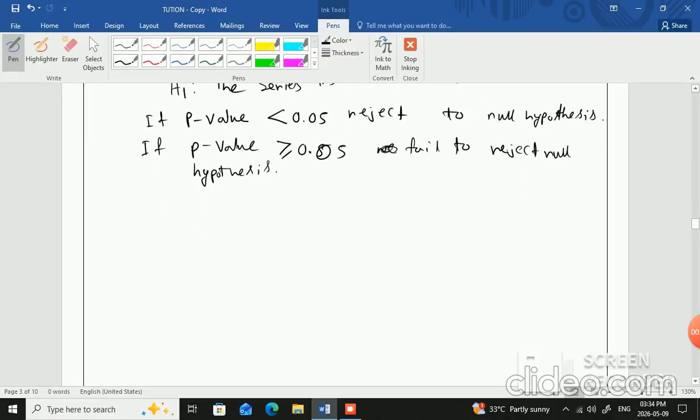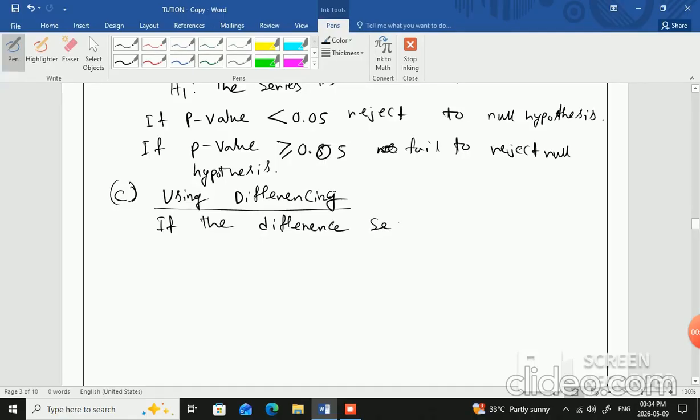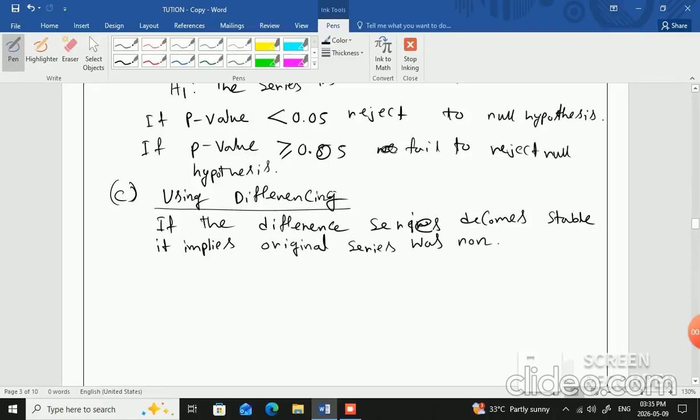And the next one is using differencing. Using differencing, we prove whether the data is stationary or not. If the differenced series becomes stable, it implies the original series was non-stationary.